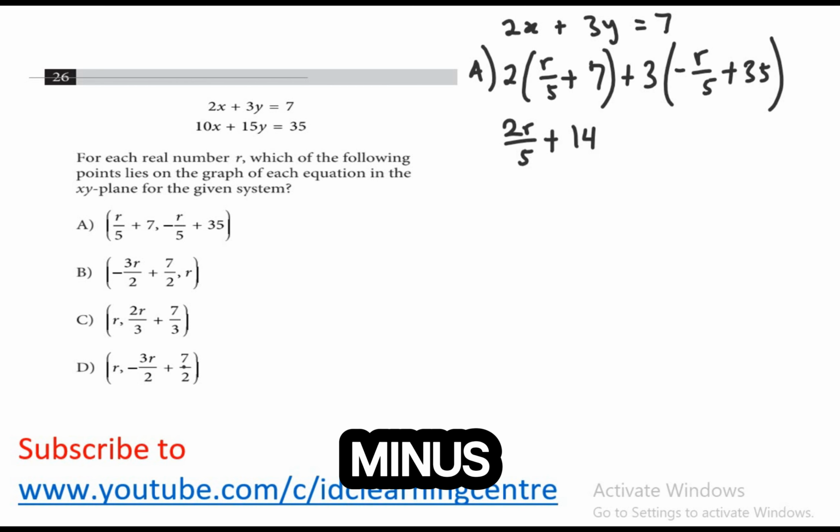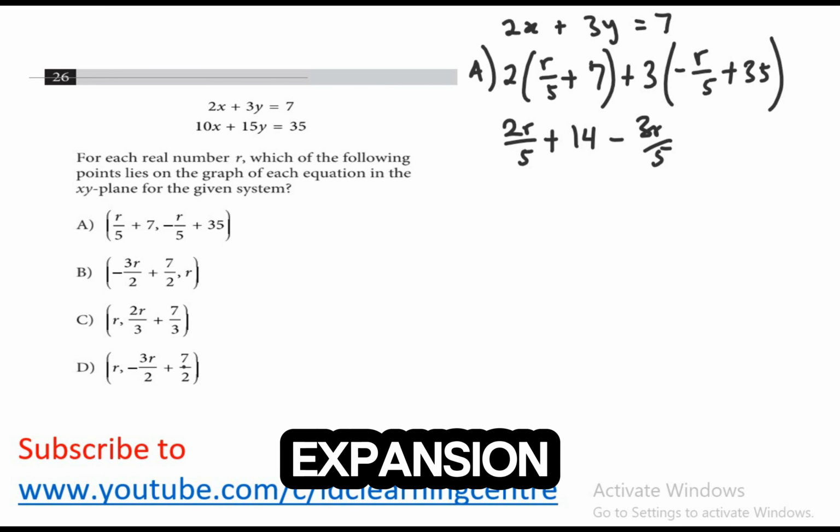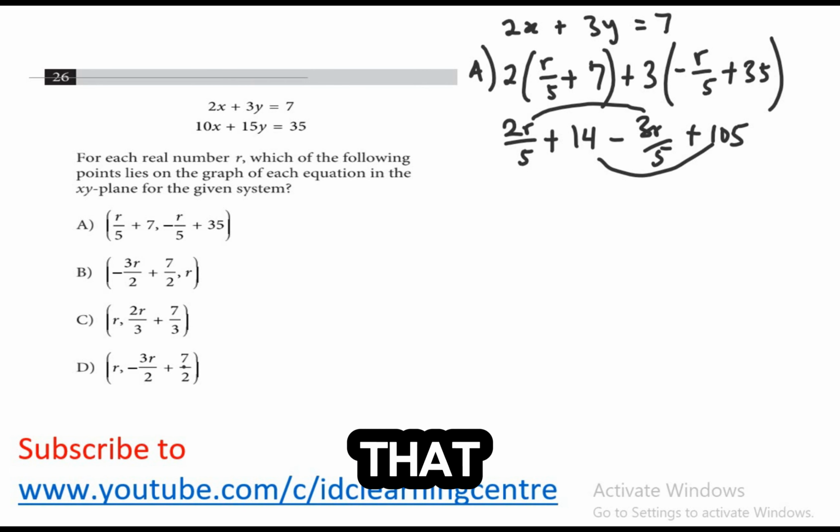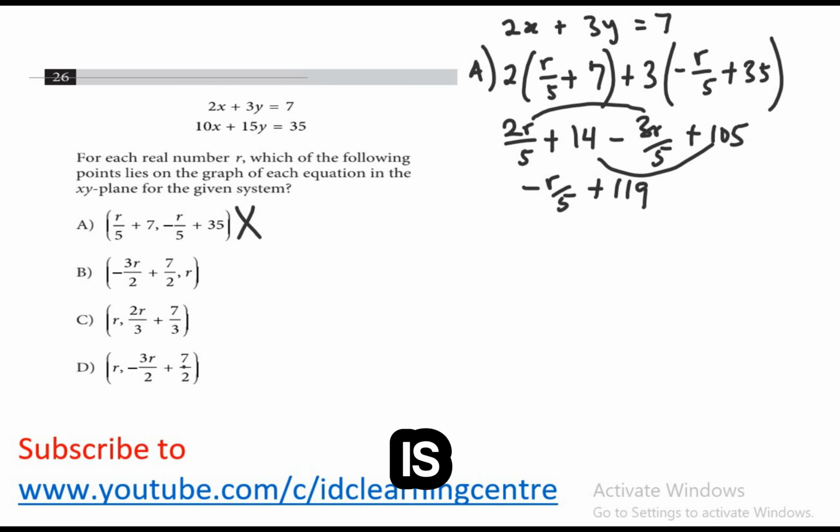Then 3 times minus r over 5 is minus 3r over 5, and 3 times 35 is 105. When we collect like terms, 2r over 5 minus 3r over 5 is minus r over 5, and 14 plus 105 is 119. So you can see it's not giving us a result of 7. So A is out of it.